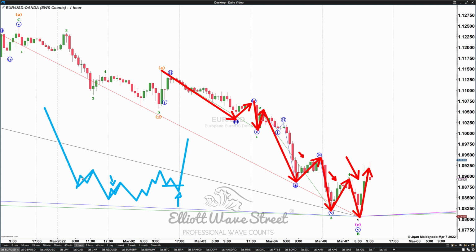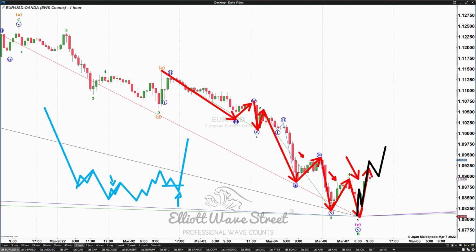So if we move this theory here into the live market, what we are going to get is that we need to have a 5-wave sequence. So far we have 1, 2, 3, waiting for 4 and 5. If it's bigger, better, right? This is not a matter of, oh, I'm losing my trade, I'm losing my entry, I didn't trigger my entry here at the bottom of the market.